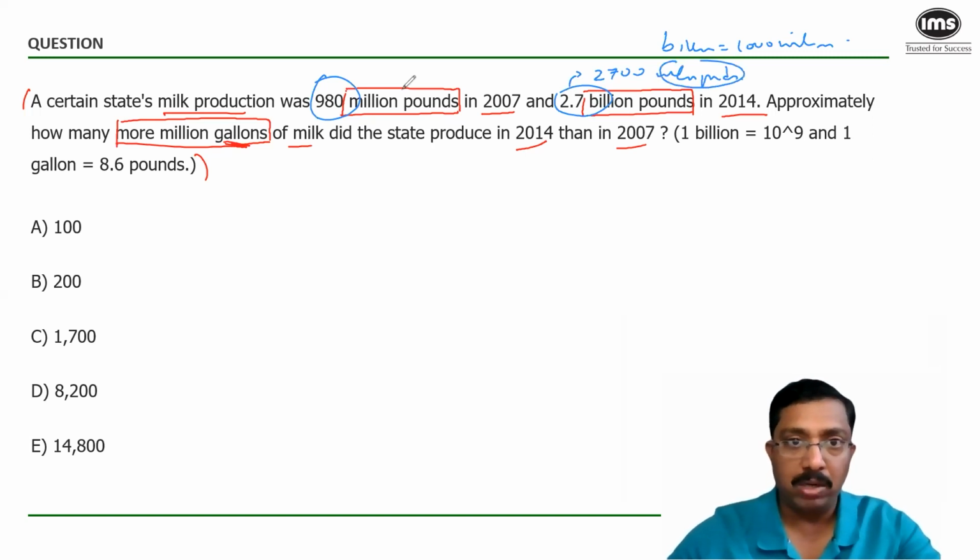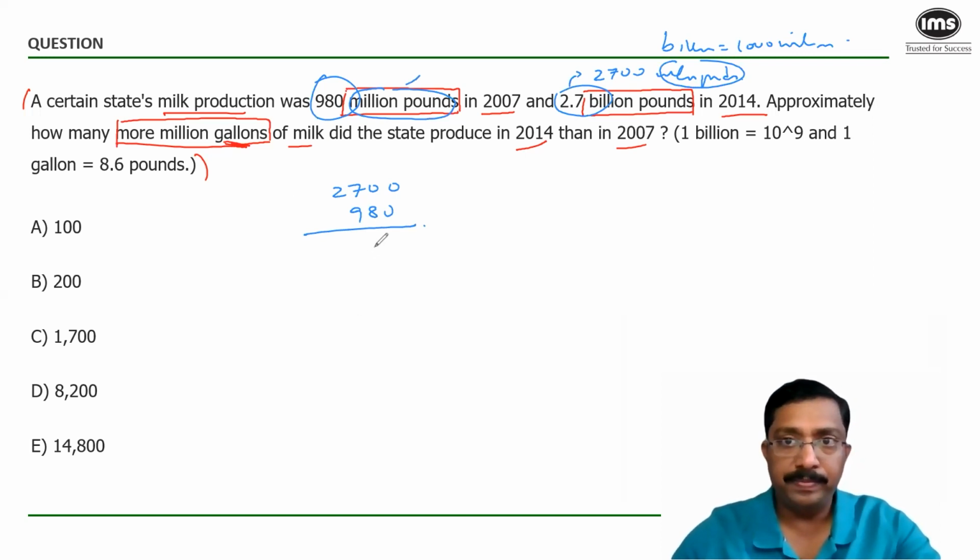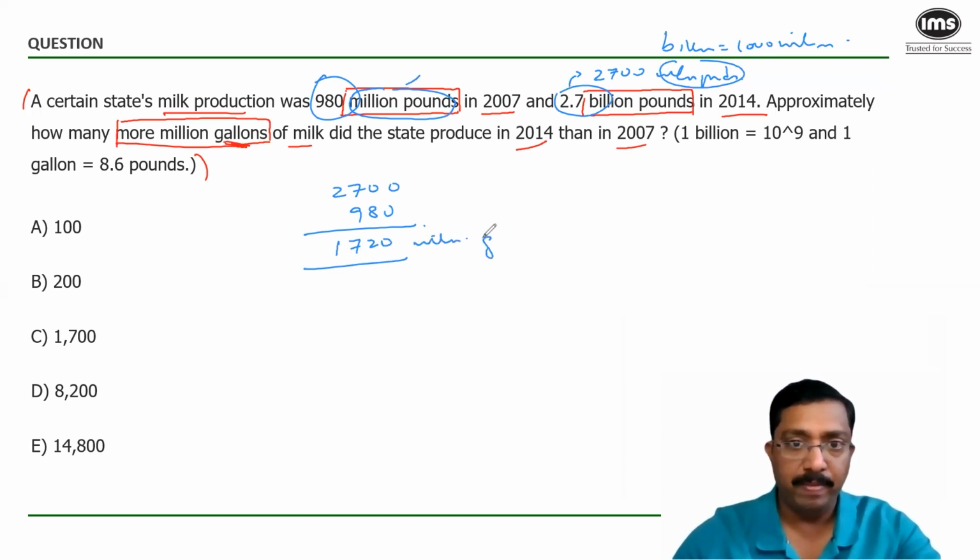Now the units are common in both the years. So that makes our subtraction easy, and we can figure out how many more million pounds of milk production happened in 2014 than in the year 2007. The subtraction over here gives you 1720, and understand the units over here is million pounds.